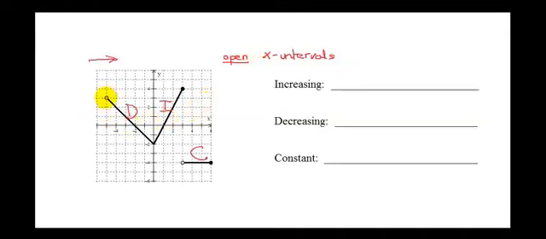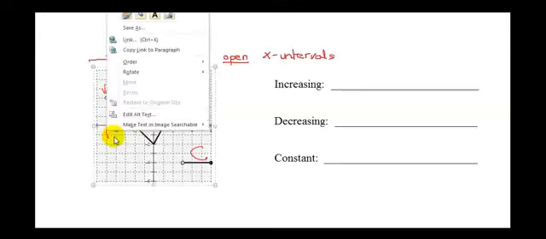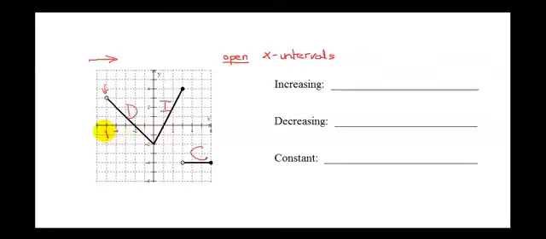So where does it start decreasing? At this point here, and remember I need the x value, so it's this x value here. This x value right here, which is -2, -4, so it's going to be -5. So it's going to start decreasing at -5.